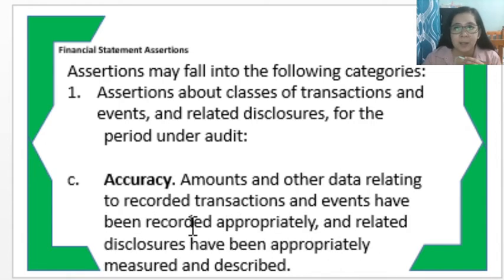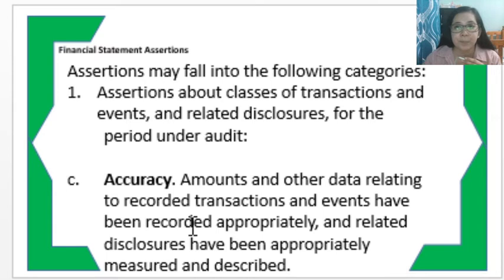Okay. Another is accuracy. So in this case, the auditor will determine if the amounts and other data relating to the recorded transactions were recorded appropriately, and related disclosures as well have been appropriately measured and described.